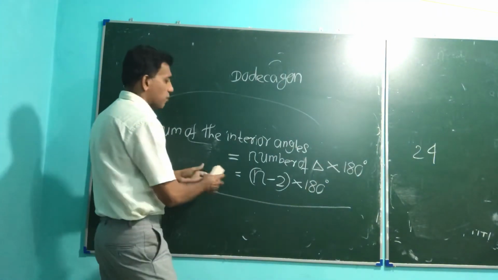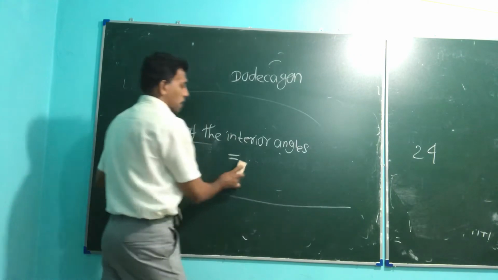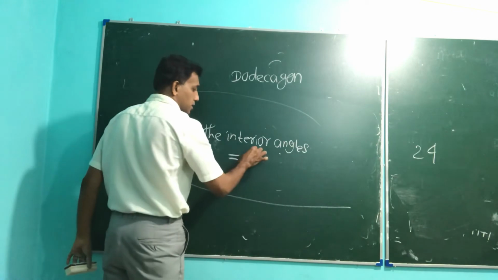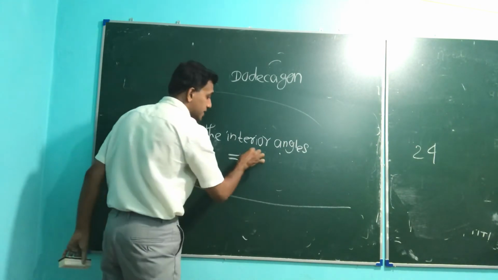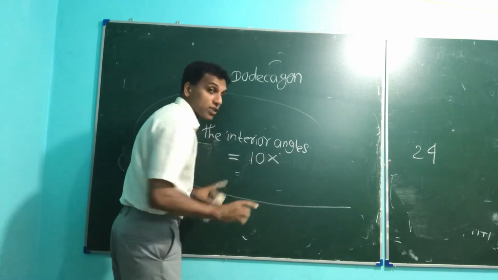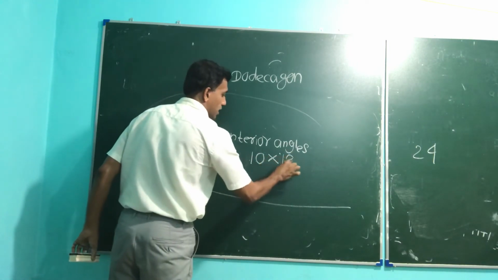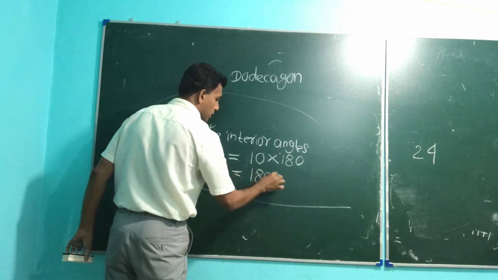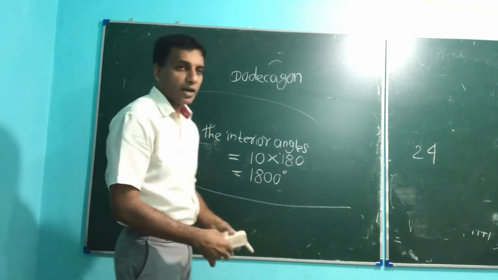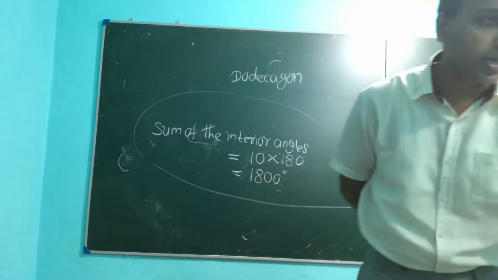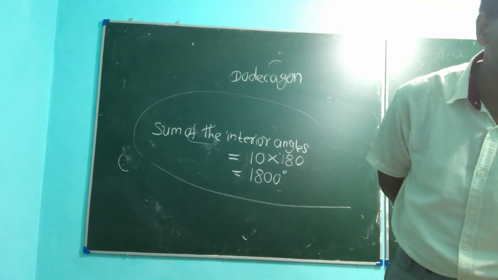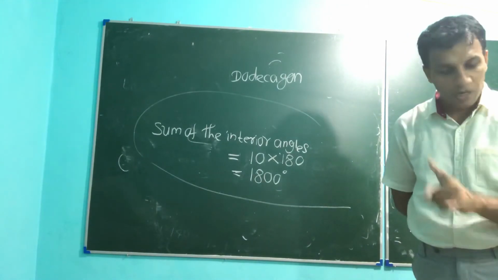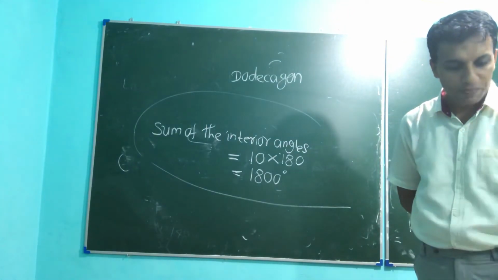So therefore, the sum of the interior angles for the dodecagon: 10 triangles available, one triangle 180, therefore the answer is 1800 degrees. 1800 degrees is the answer, right? Dodecagon summation. That's your local book, page 56.